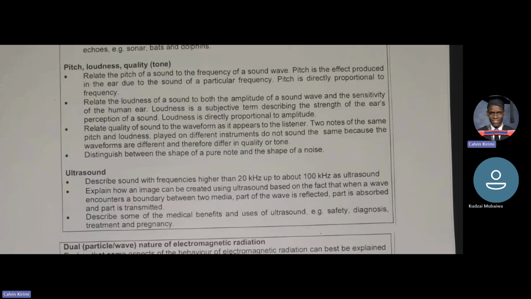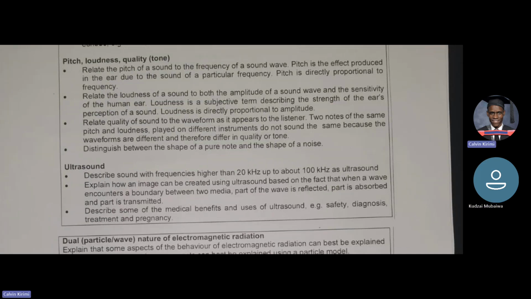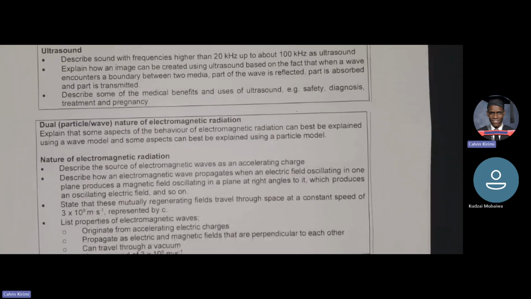Then they can detect how old the baby is, how many months, etc. So they use those ultrasound waves to detect those kinds of scenarios. Yes.